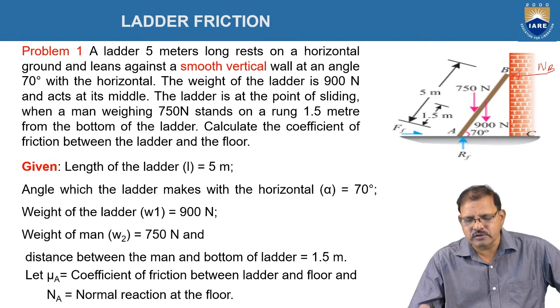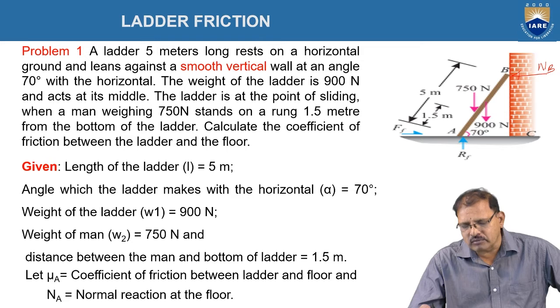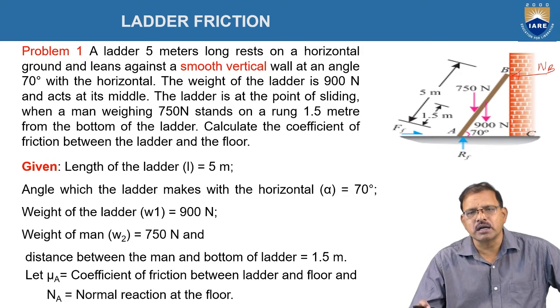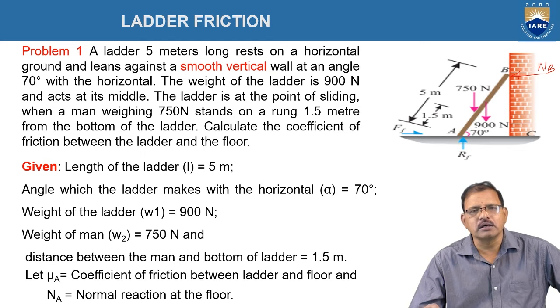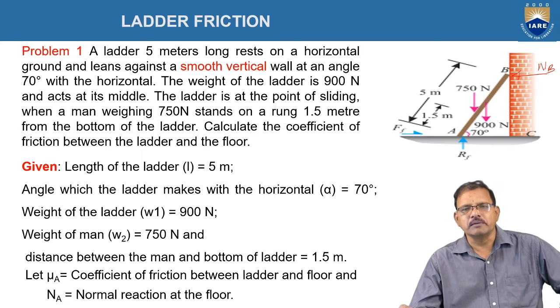The weight of the person is 750 newtons and the ladder weight is 900 newtons. Both are acting in the downward direction. These are the forces acting on it, and the body is in equilibrium. Since the forces are coplanar and non-concurrent, 3 equations are required to satisfy the equilibrium condition.